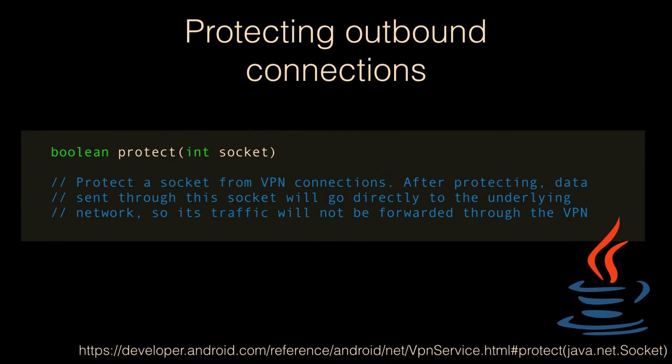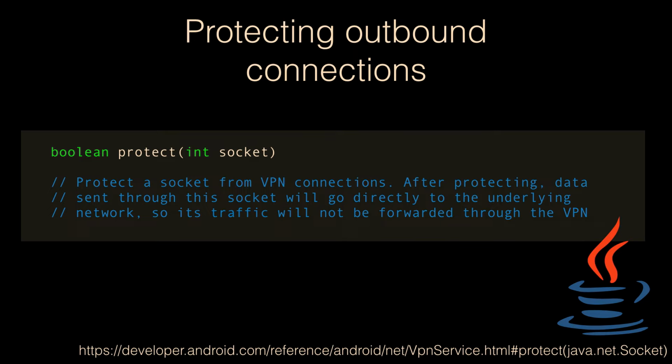So this was a connection loop. Fortunately for us, the VPN service provided a special call that is used to protect outbound connections, and its name is protect. It receives a file descriptor, which is named socket here. It allows a socket to go directly through the physical device without passing through the TUN device.